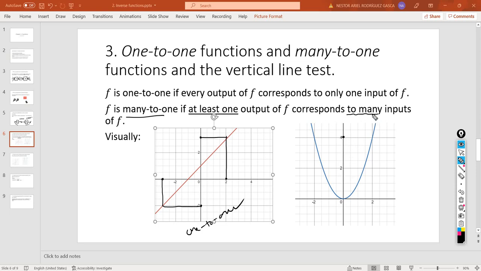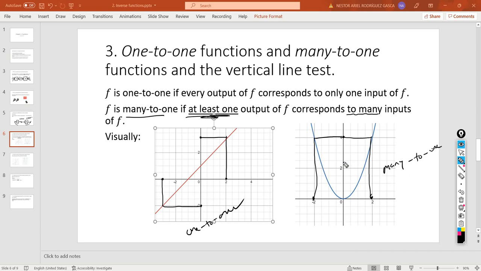And by many, I mean more than one, which is the number 2 and also the number -2. If I can do this with at least one output for f, then this is many to one. Only one of these is all I need to classify it as many to one.